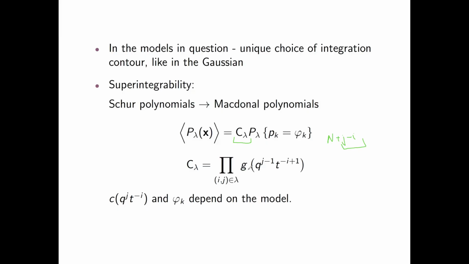What exactly this function is depends on the model, but it's always the same structure. And then over here, we have a Macdonald polynomial evaluated at a certain point in these variables p. It's simpler to phrase this point in the p variables, not in the x variables. And this phi k also depends on the model, but the structure is always the same, for those models for which it holds.